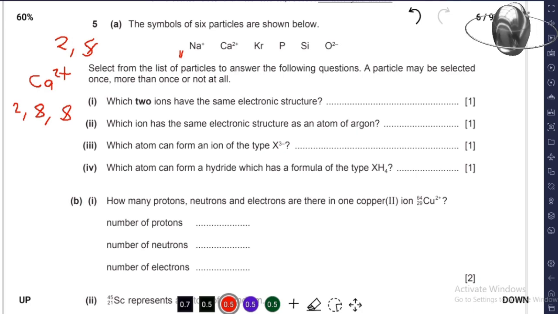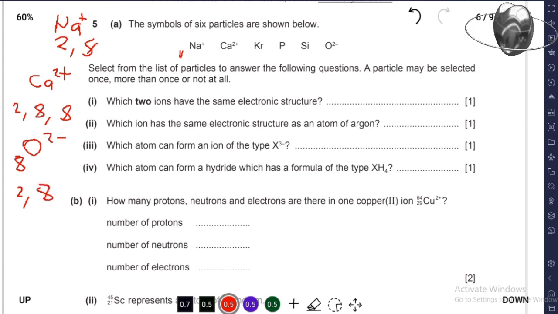For oxygen, this is sodium, my dear learners, sodium with a positive 2,8, calcium 2,8,8. Oxygen gained 2 electrons, so from 8 we are going to have 10, so it is going to be 2,8.